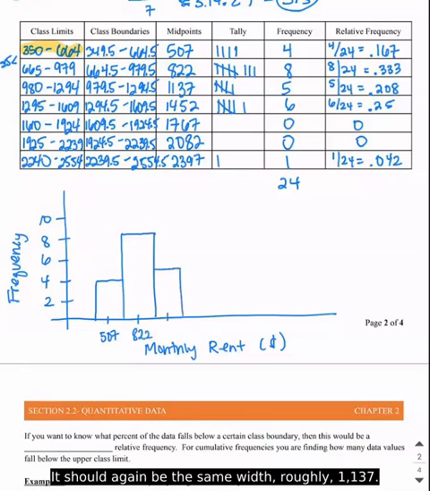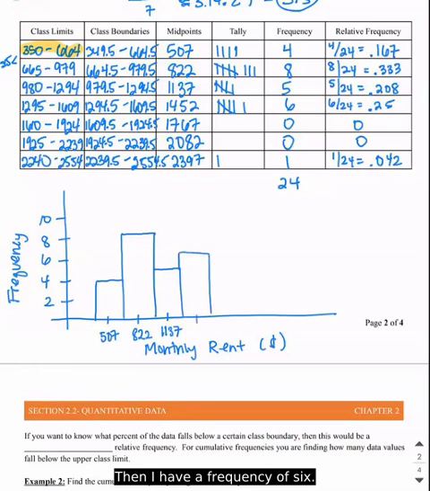You should again be the same width roughly, 1137. Then I have a frequency of 6. So that would be 1452. So for the next two, I like to draw the line here.